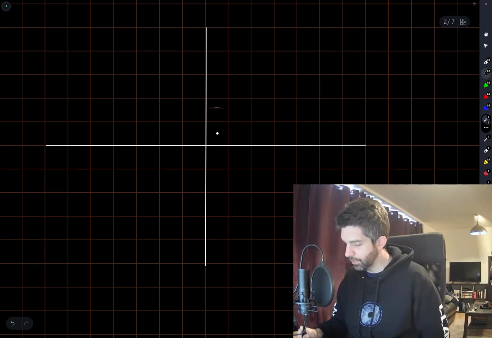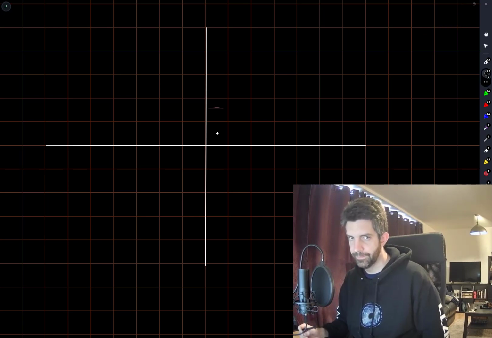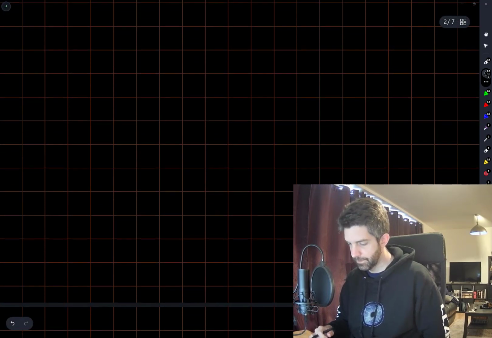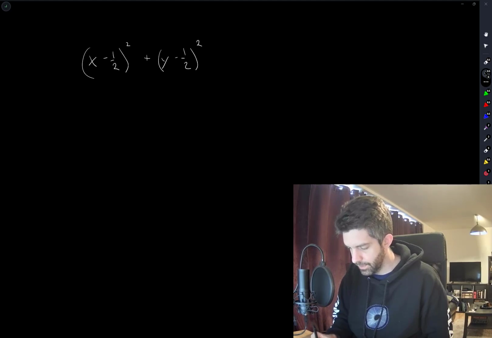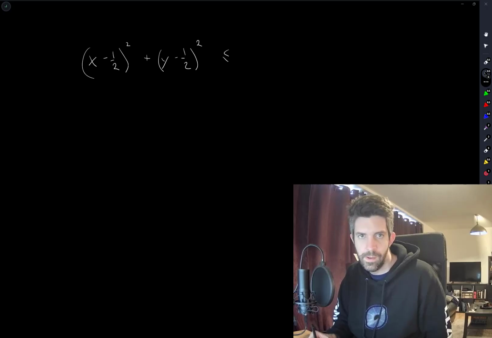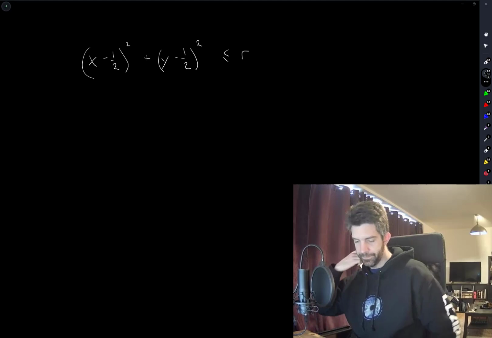I think the best way to do this is more algebraically, right? So we're looking for (x minus a half) squared plus (y minus a half) squared less than or equal to r. It doesn't really matter, but less than or equal to r.